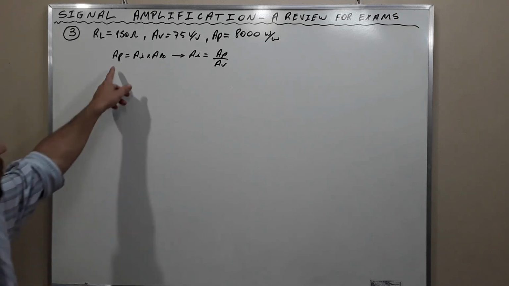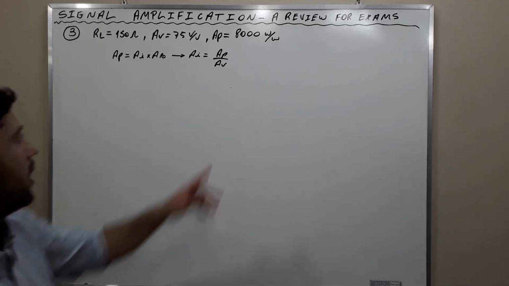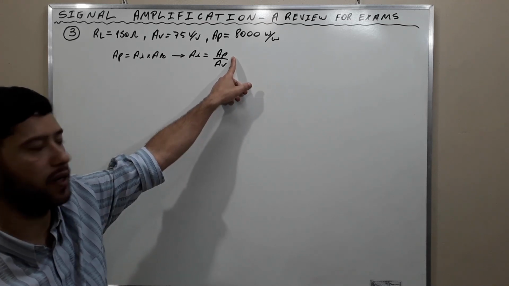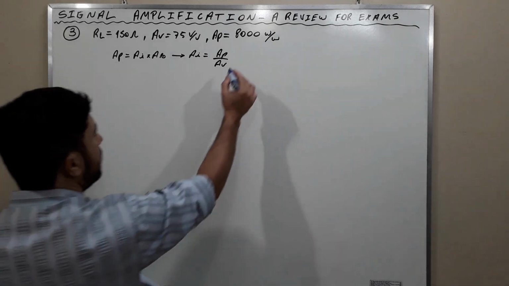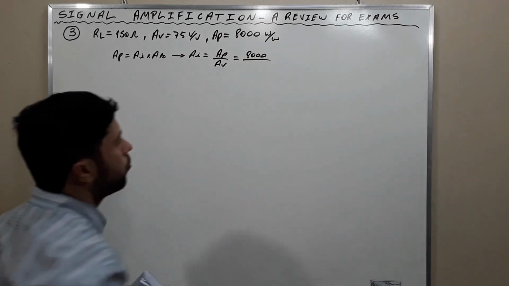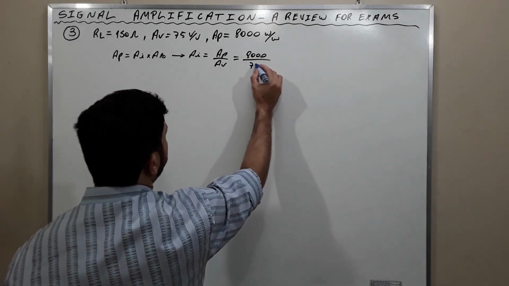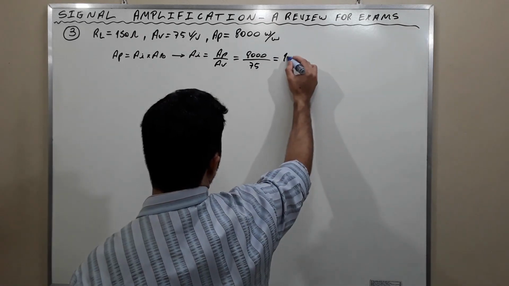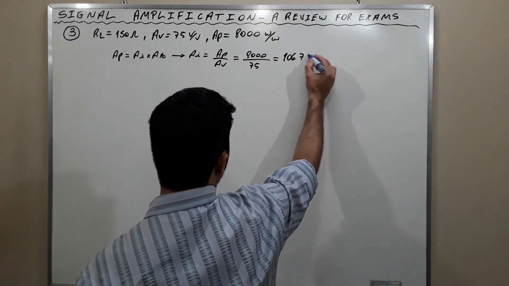This is a linear relationship. The exercise gave the power gain and the voltage gain. Then we simply use the values 8,000 watts per watt and 75 volts per volt, and we find a current gain of 106.7 amperes per ampere.